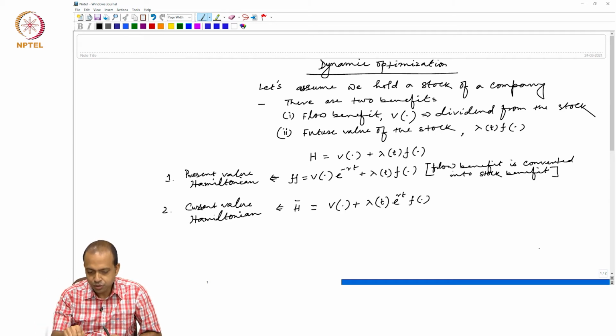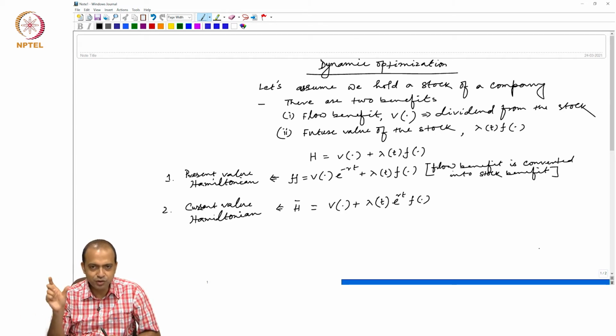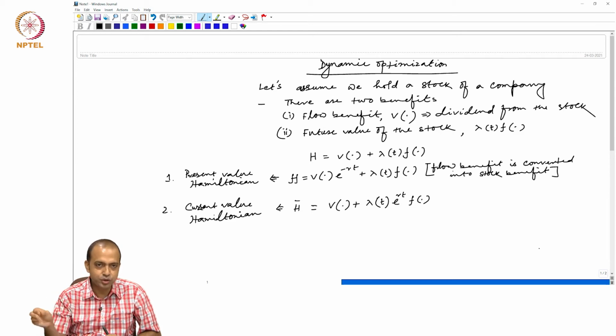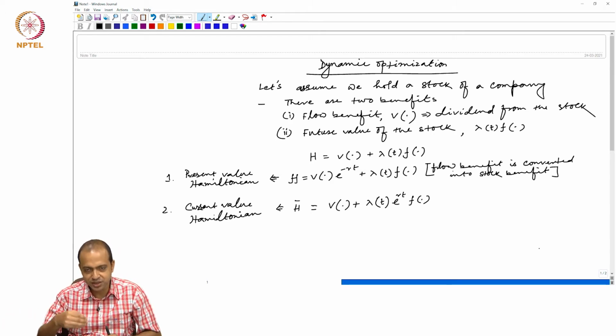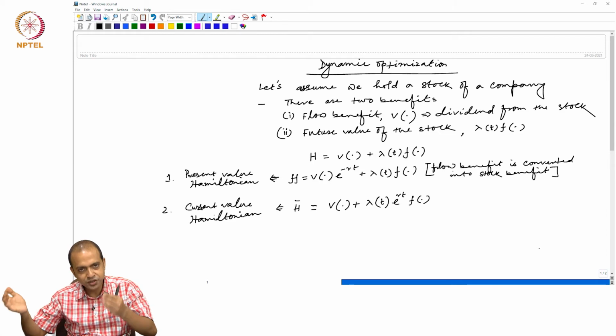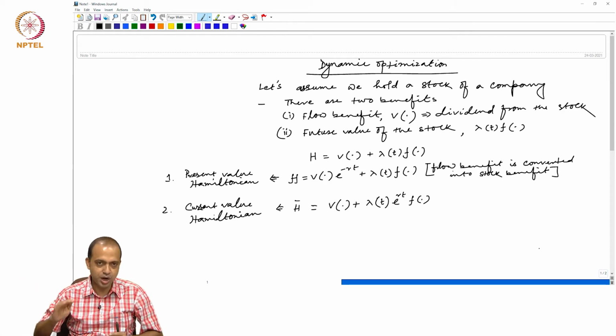Okay. So, this present value Hamiltonian is nothing but representing two types of benefits that we can actually get from a resource or from an asset. One is flow, another one is stock benefit, and here we have just made some modification to bring both the benefits into same platform, that is all, either flow into stock or stock into flow. So, here it is flow into stock.